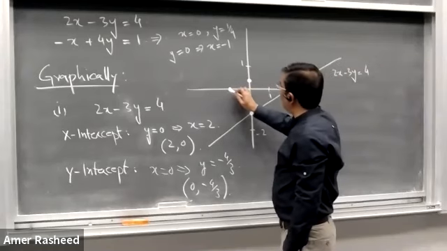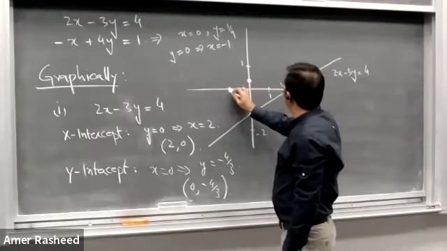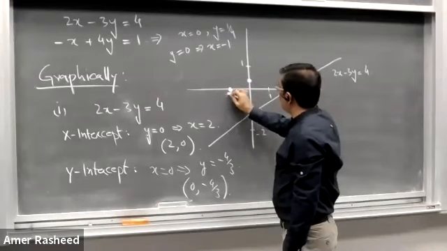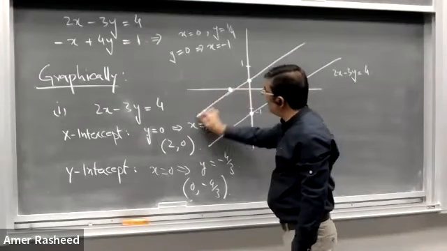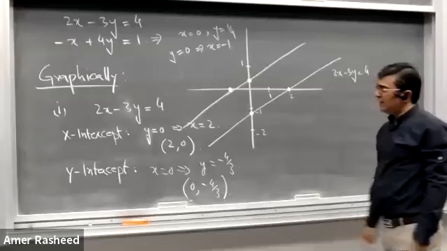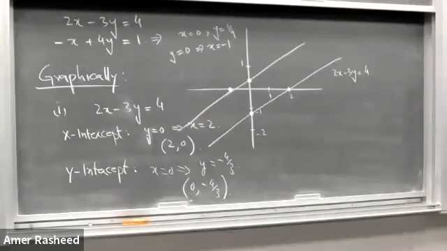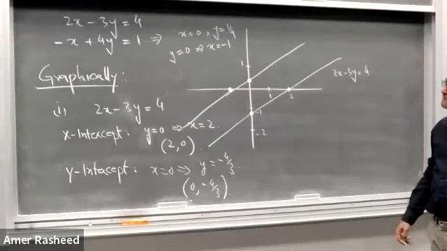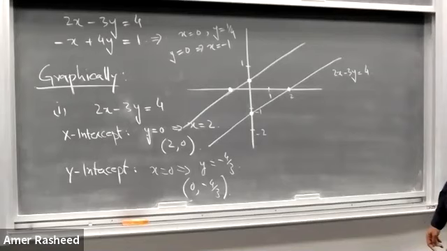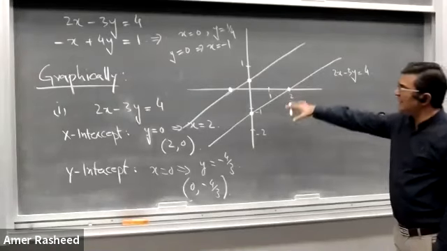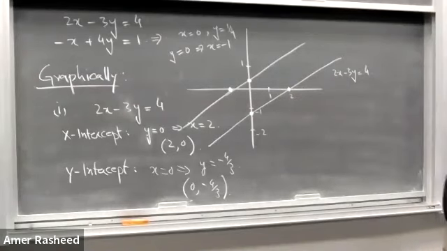So now we can join these two points, and we can get another equation of the line. These are basically the graphs of these two straight lines.